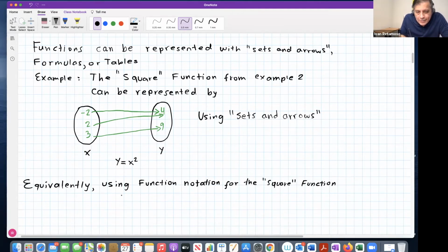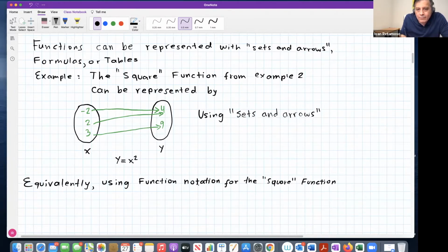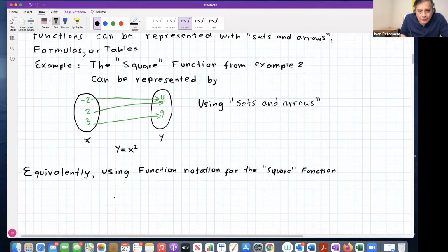So this gives birth to the following: using function notation for the square function. You can think of this function as f being applied to the input value x, and as a result getting x squared, right? So this f should be the rule, squaring, right?